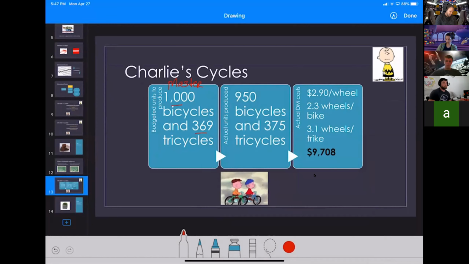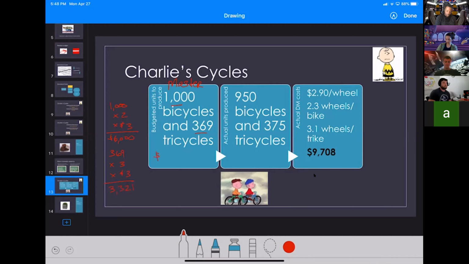Based on that, our direct material costs would be times $3 per wheel. So the bicycles would be $6,000. And for tricycles, it would be 369 times the 3 wheels times $3 per wheel, 1,321.